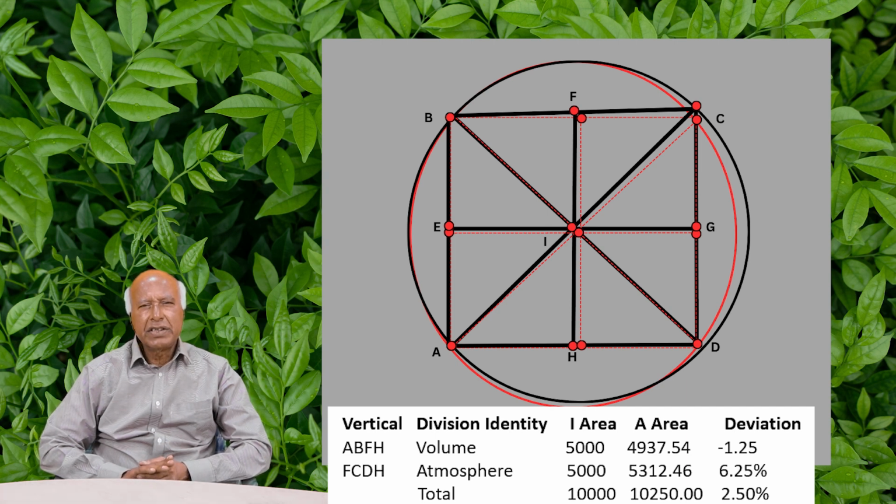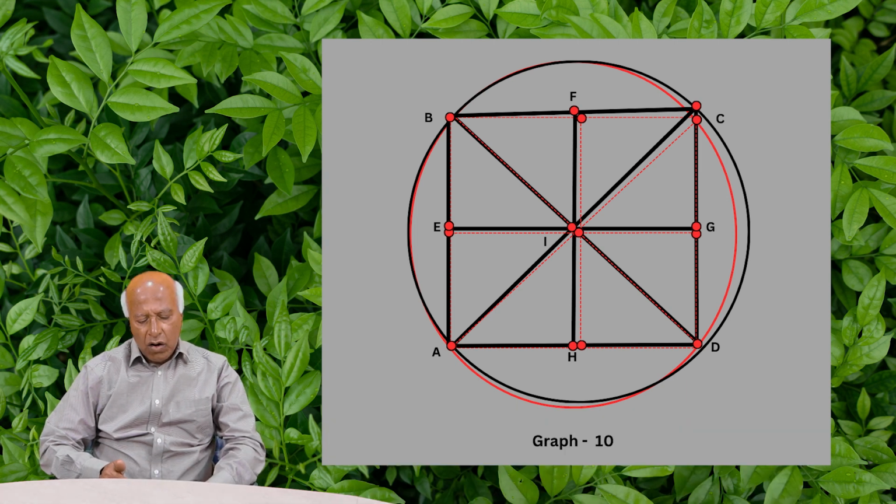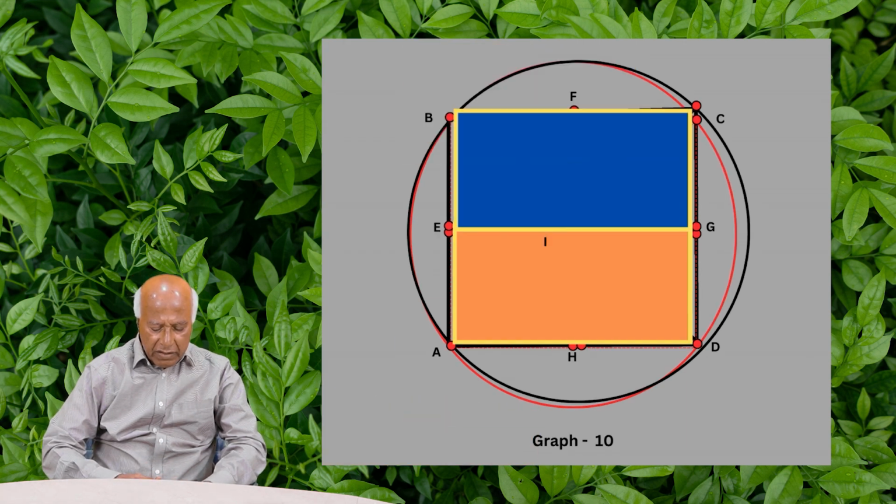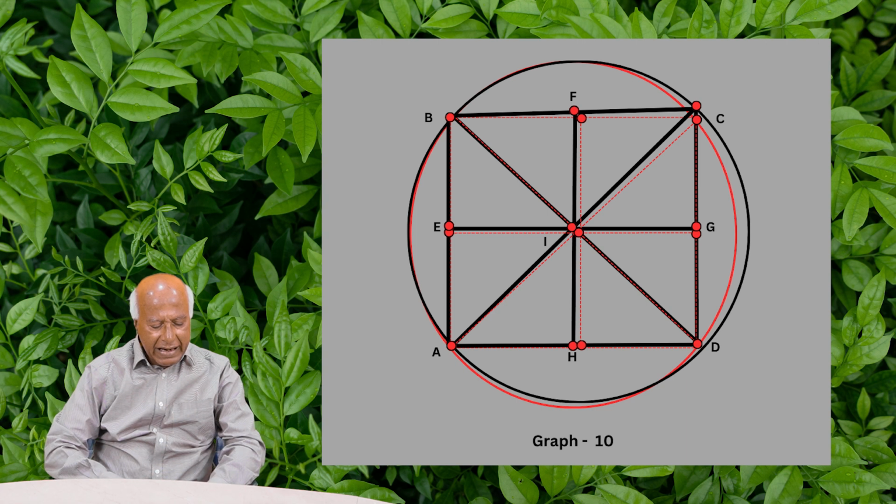geometrical calculations. So here we have summed up the vertical division of the square as well as the sphere of the economy. Now if we make the horizontal division of the square, what values do we get?